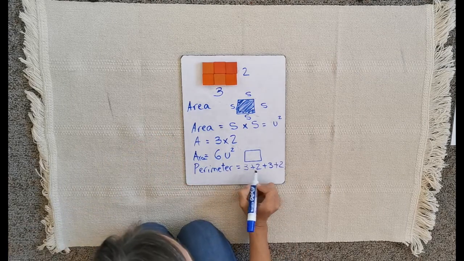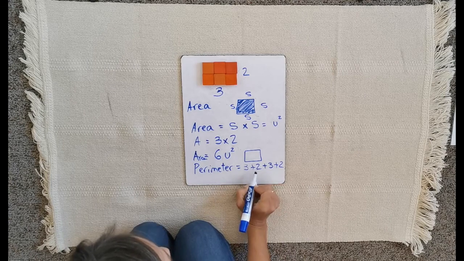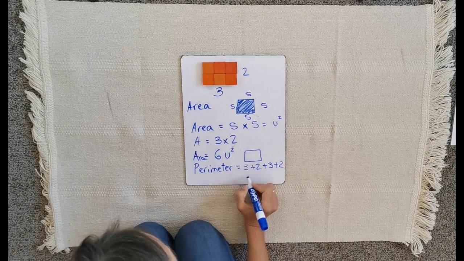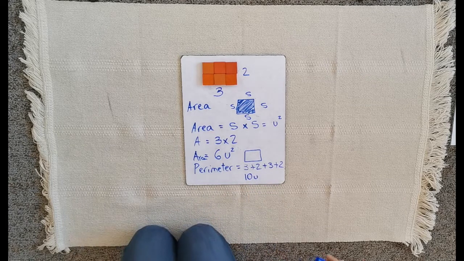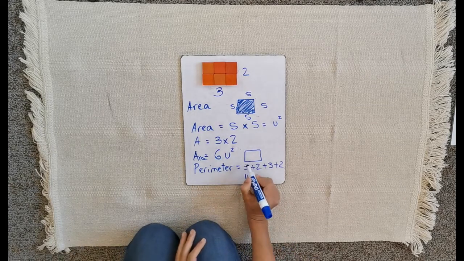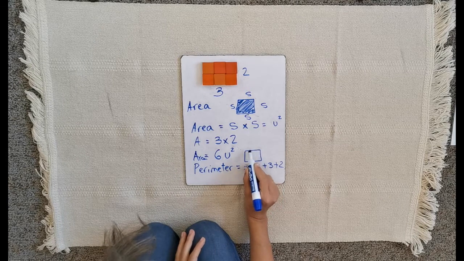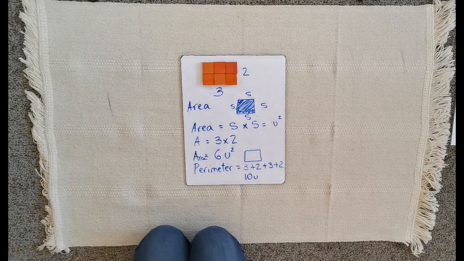So it will be 3 plus 3 makes 6, 8, 10. 10 units, not units square, because we are just measuring the line around. You got more or less the idea?